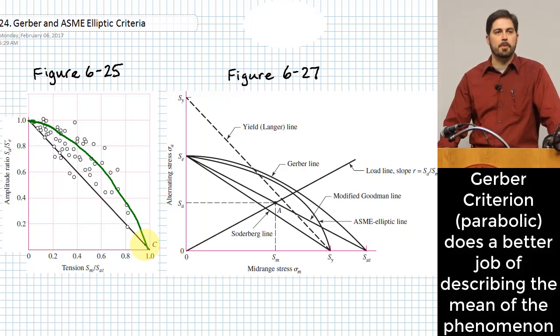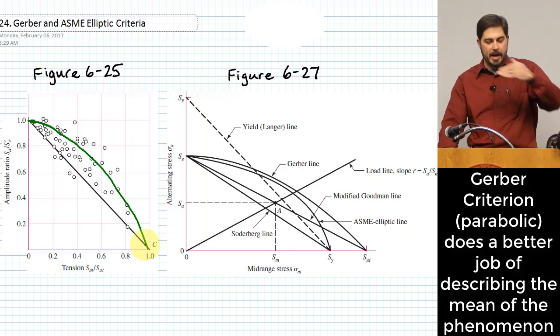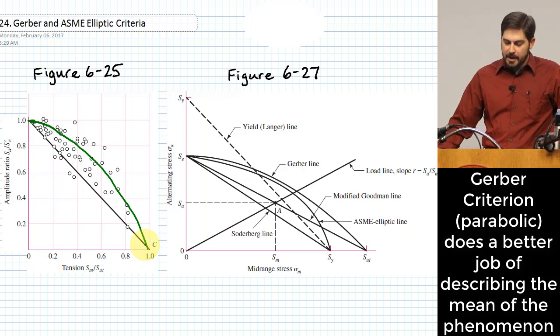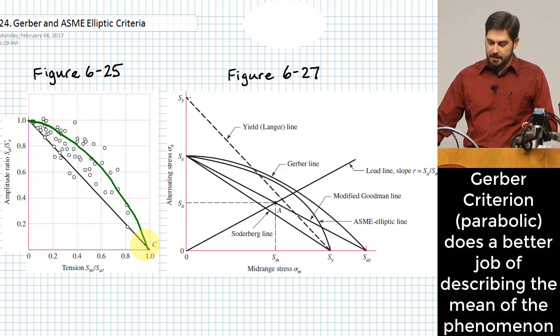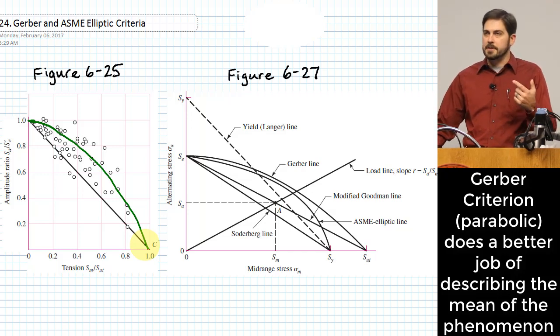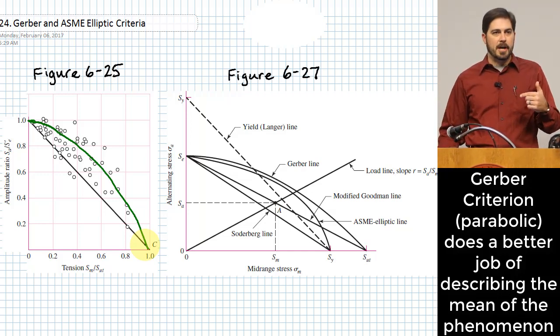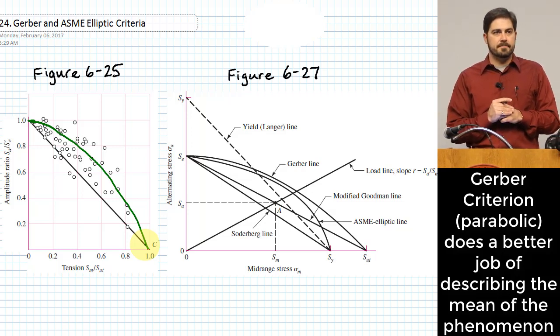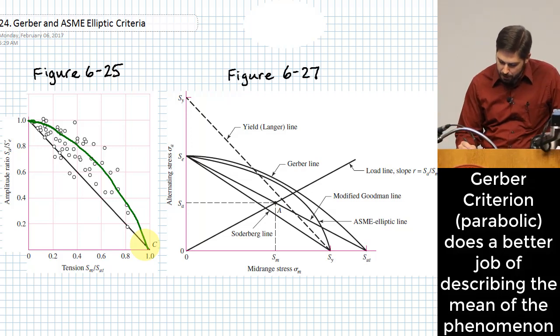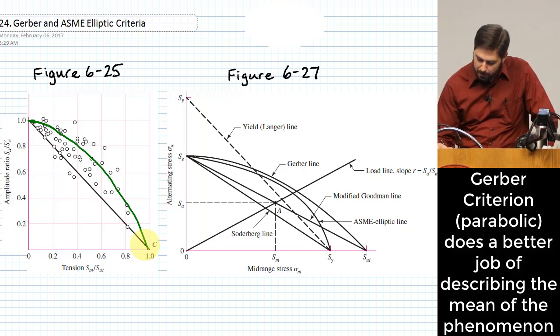I may not have drawn it perfectly, but a parabola gets fit through that data. And this is the one that, by most people's estimation, does the best job of describing the mean of what the experimental data tends to indicate. So this is the Gerber line, the Gerber parabola.